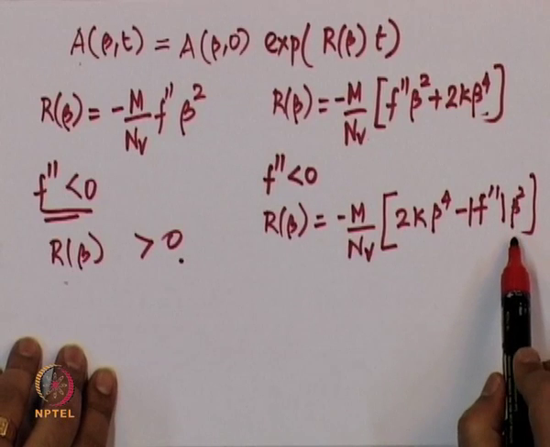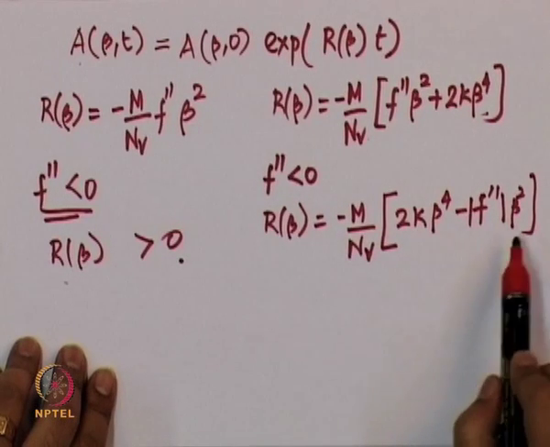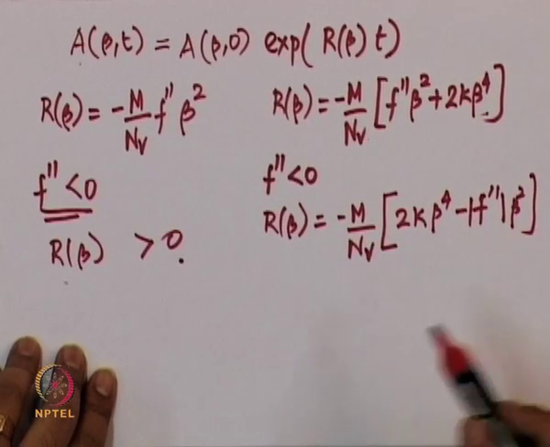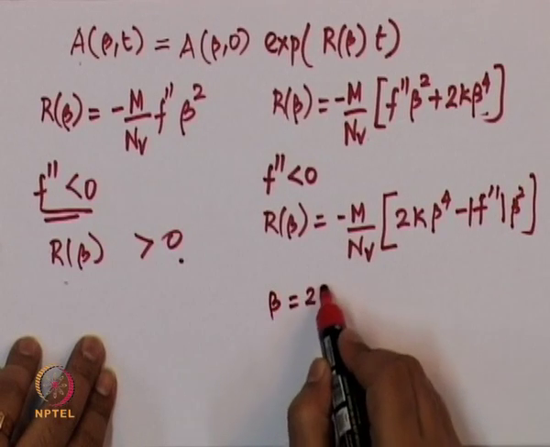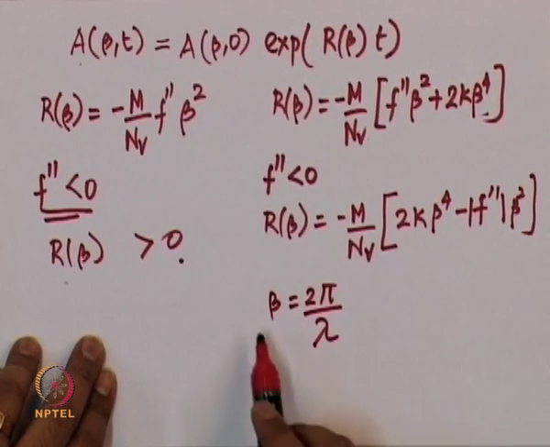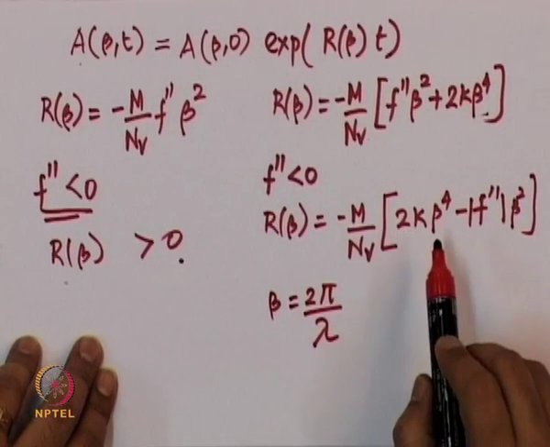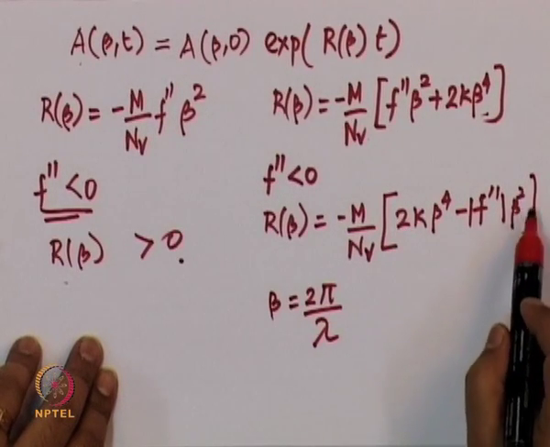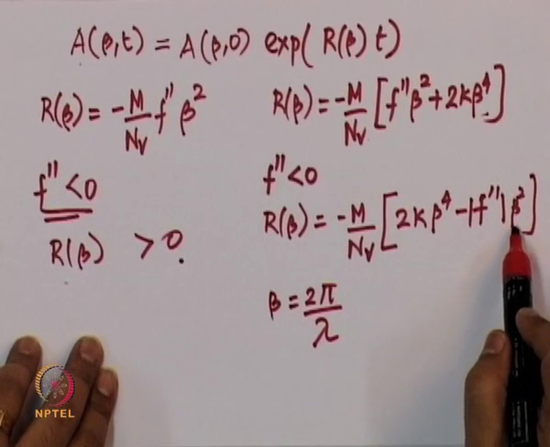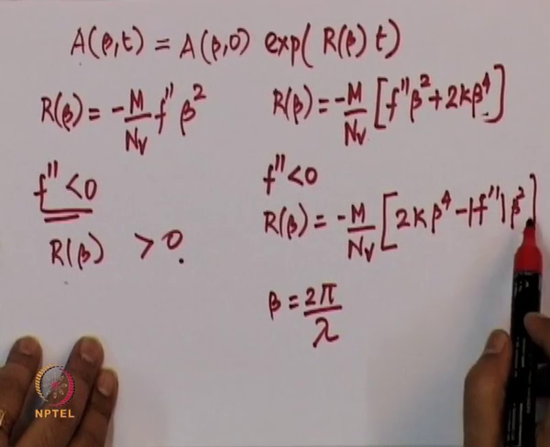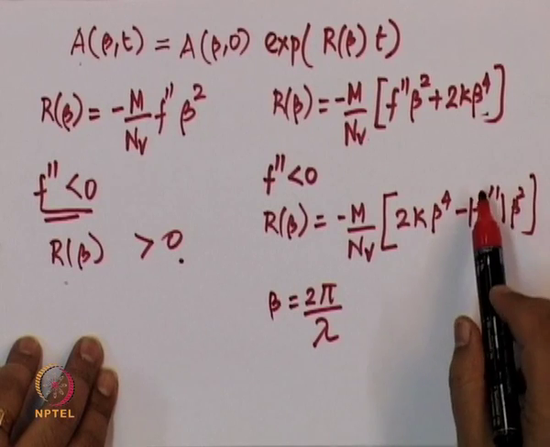Now, you can see that for small beta, remember beta is 2 pi by lambda, so smaller beta means larger wavelength. For larger wavelengths, this quantity is going to be dominant over this one. For small beta, this is going to be a larger quantity.